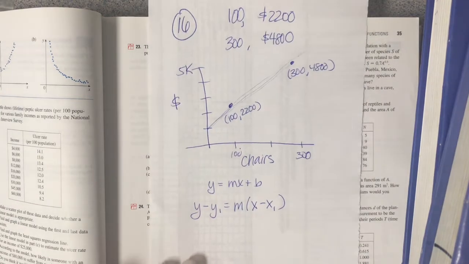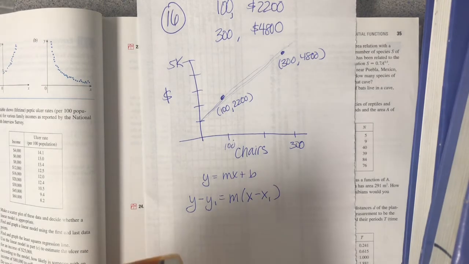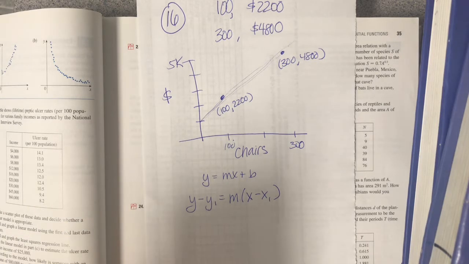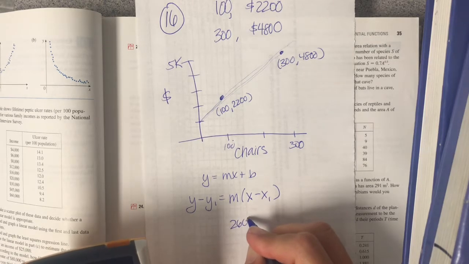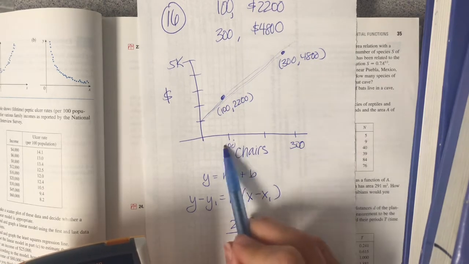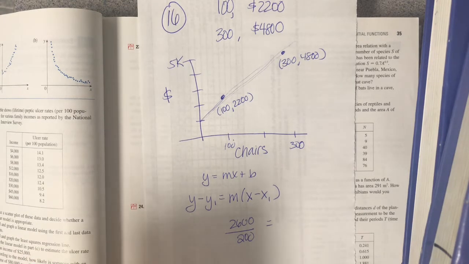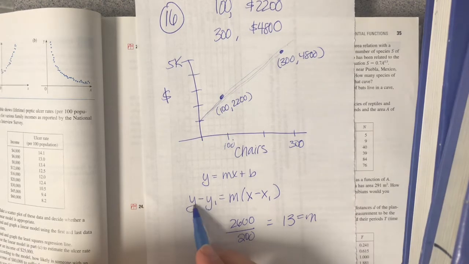You should be able to calculate the slope as the change in y over the change in x. From 2200 to 4800 is a difference of 2600, over the change in x, which is 200. So that would be 13. That's your slope.